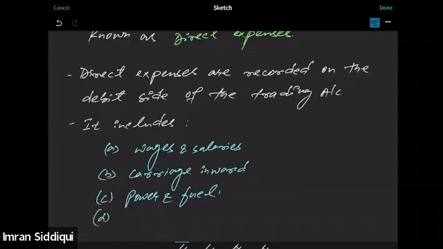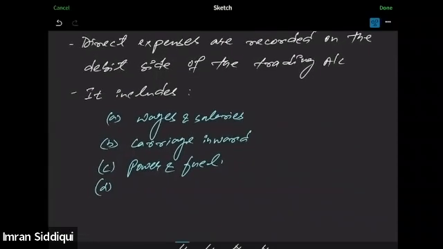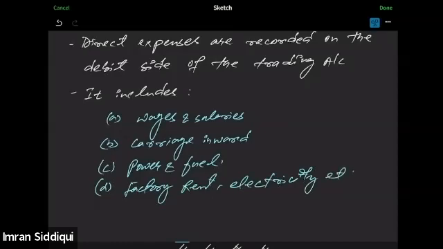Then any expenses which are specifically related to the factory, like factory electricity expense, factory rent, or anything specifically related to the factory, will be part of the direct expense.